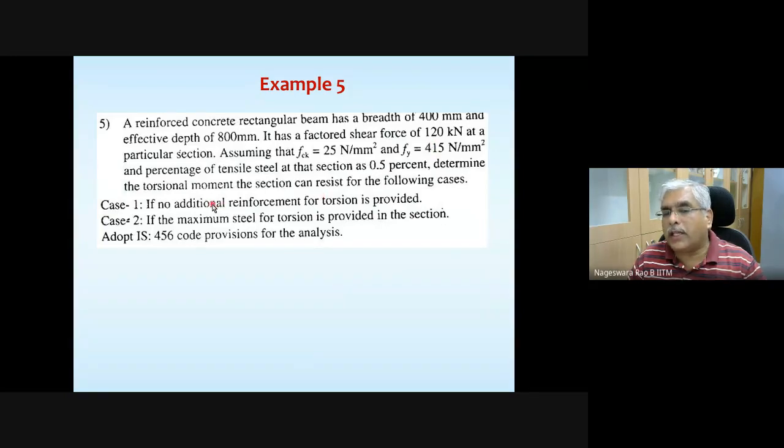Based on that, you can check, if no additional reinforcement for torsion is provided, what is its torsional resistance. Let's go through that.